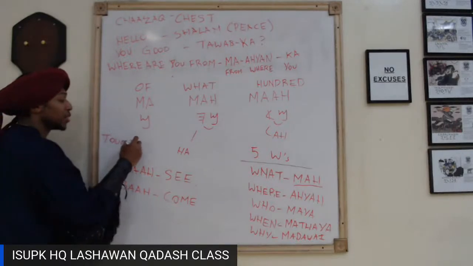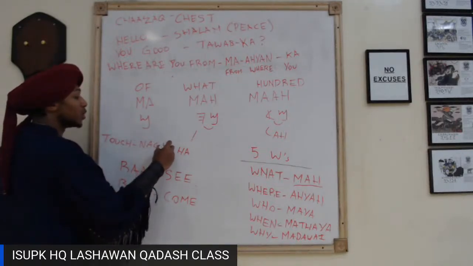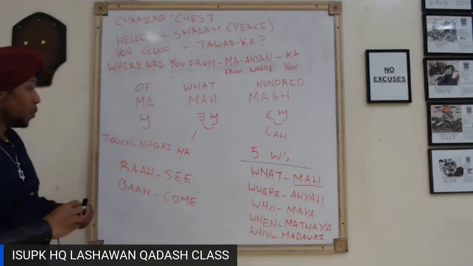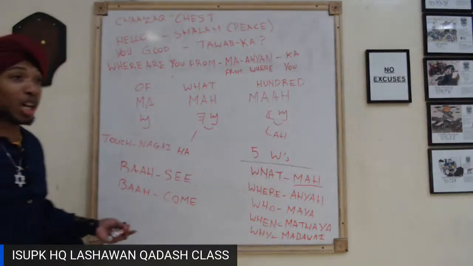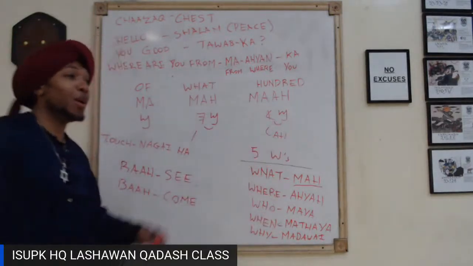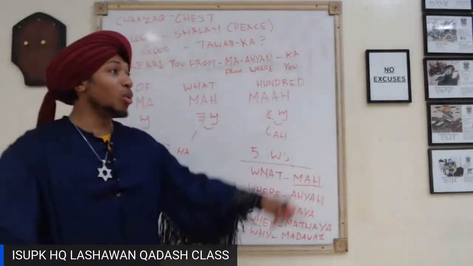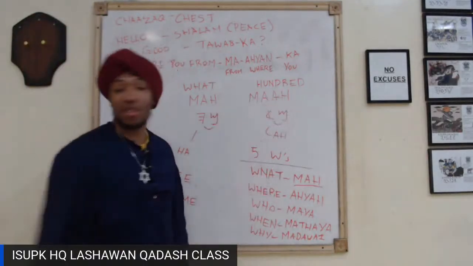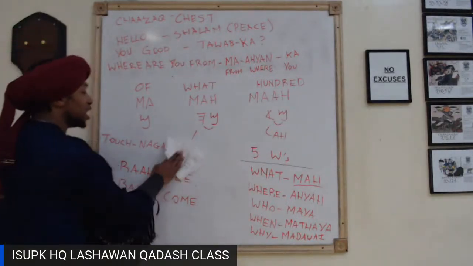Touch is nagai. Nagai also means plague. The same word for touch is the same word for plague. Meaning you think nobody's gonna touch you, but the Lord gonna touch you, and then nobody touches him, but he dies, because the Lord touched him with something that he can't see. He thought that no one was gonna touch him, but you don't know the Lord will touch you with it. So COVID-19 is nagai.